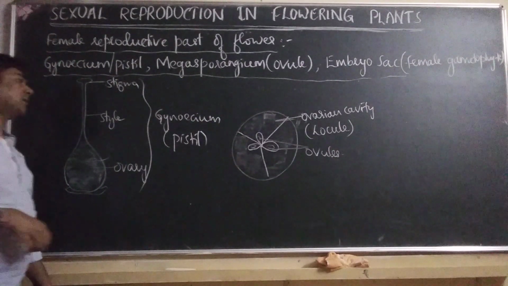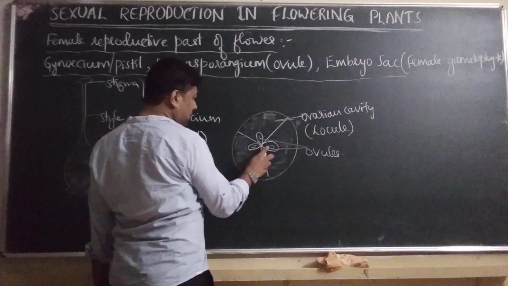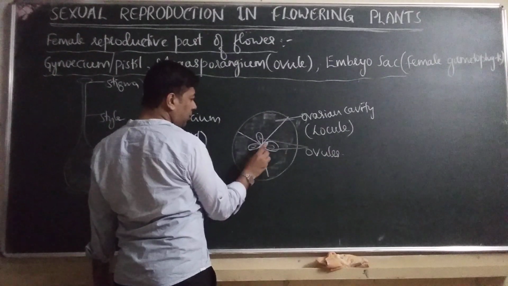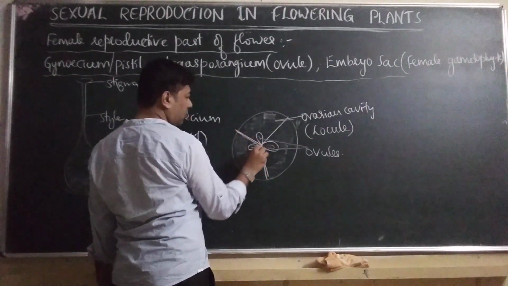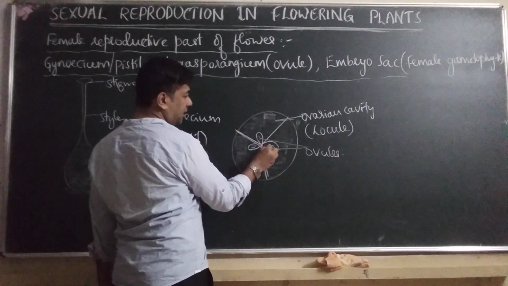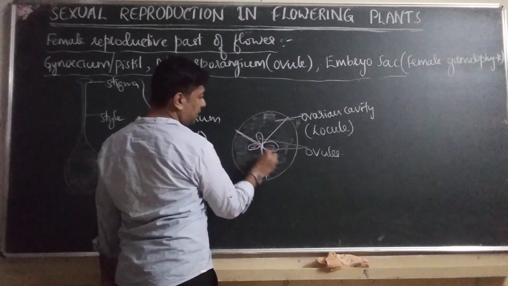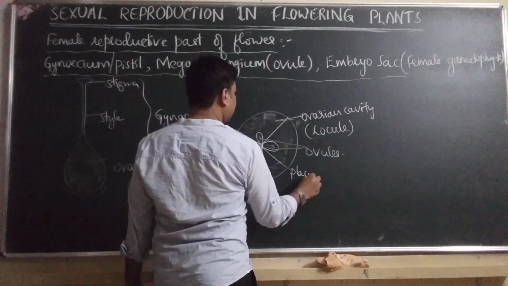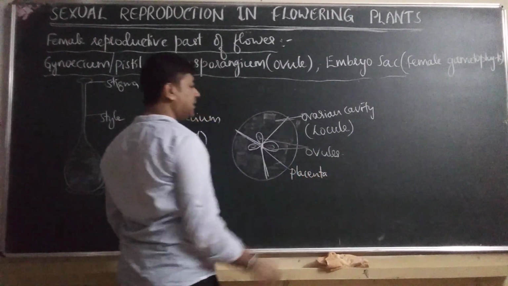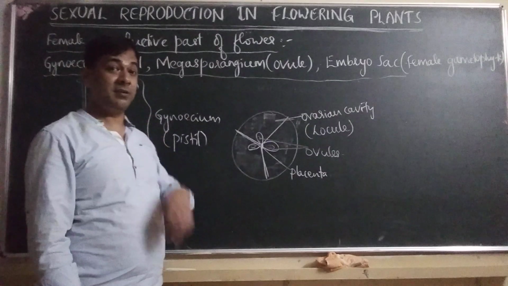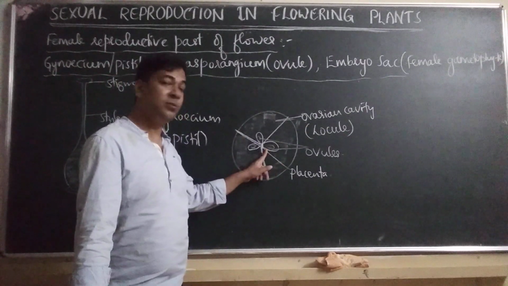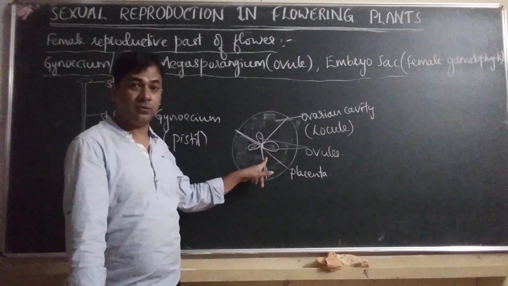How is the ovule attached to the ovary wall? This is the ovary wall now. The ovule is attached to the ovary wall with the help of a connection called the placenta. You have learned placentation. The arrangement of ovules within the ovary is called placentation.